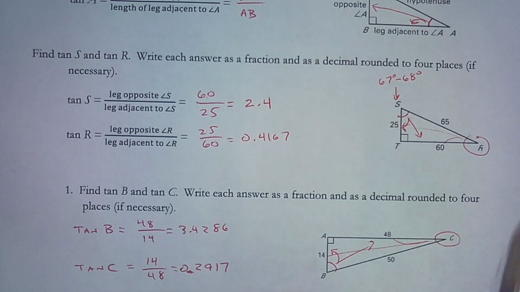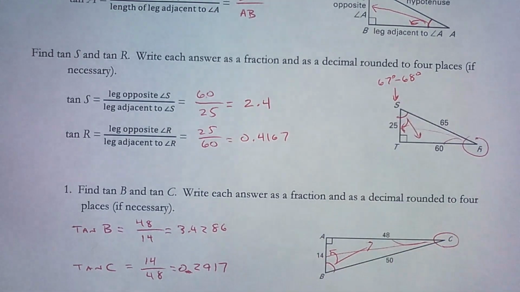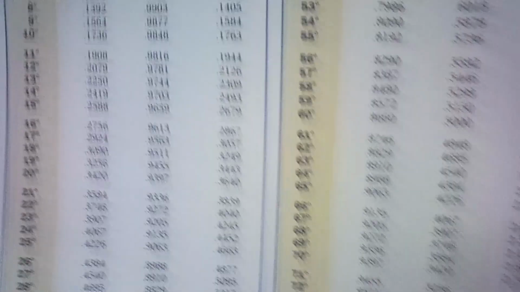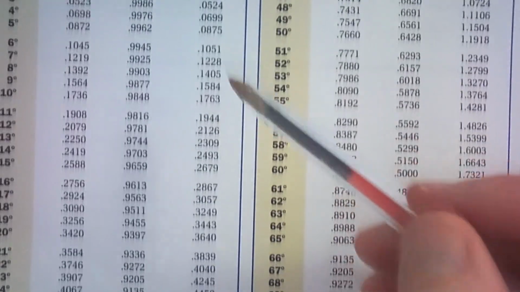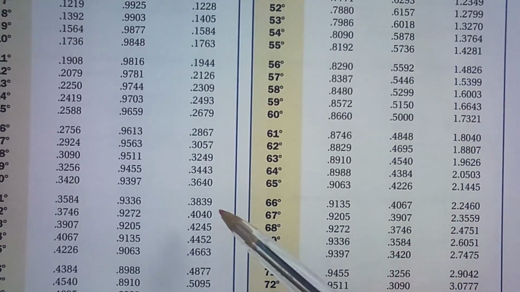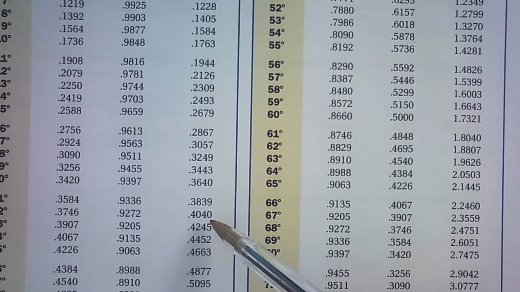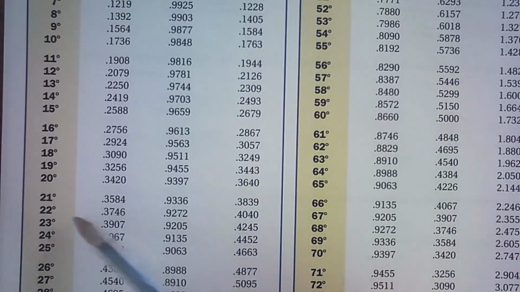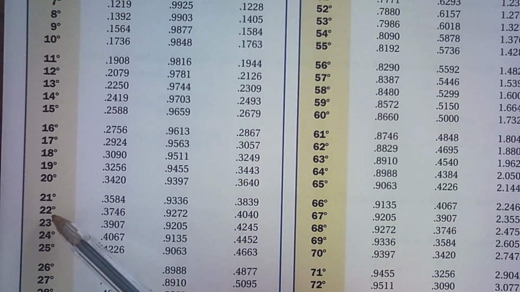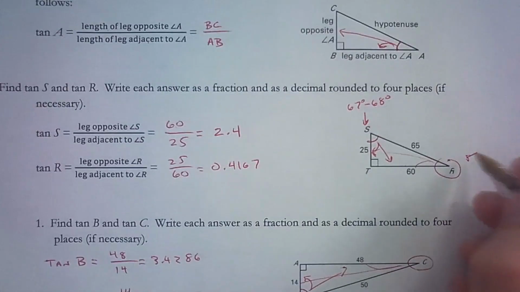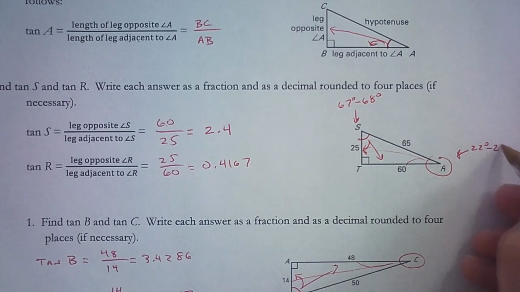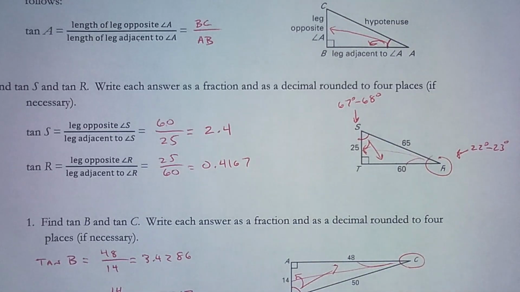I don't know for sure exactly what it is, but it's somewhere between those two. And then 0.4167 in the tangent column is right in here between 22 and 23 degrees. So that means this angle right here is somewhere between 22 degrees and 23 degrees.